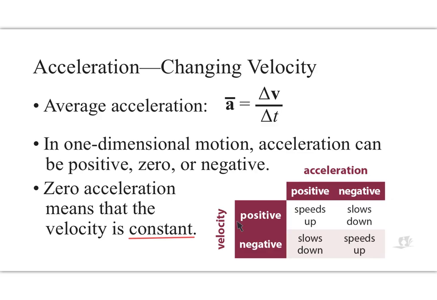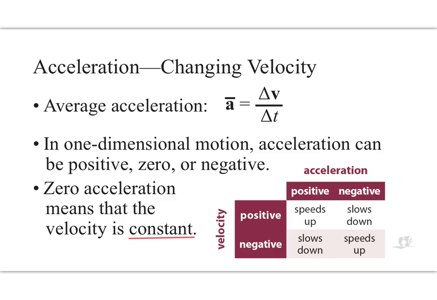And so velocity will be positive. When acceleration is positive, it means we are speeding up. Velocity can be positive, meaning that you are moving. But if my acceleration is negative, that means I'm slowing down. And so they kind of do the opposite of each other. If velocity is negative, and acceleration is positive, then I'm slowing down.